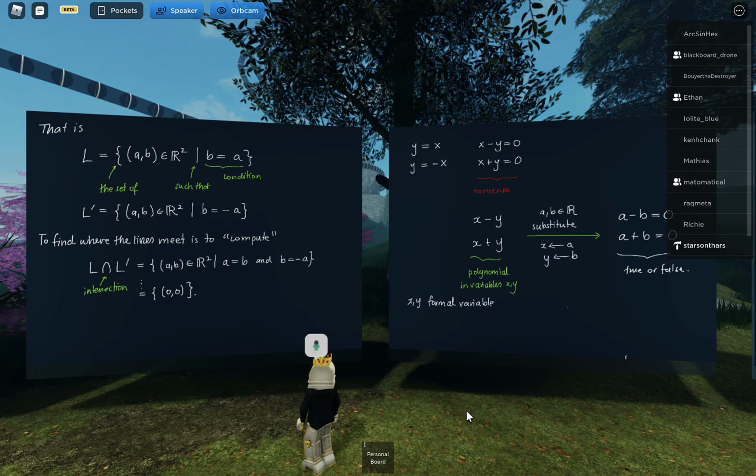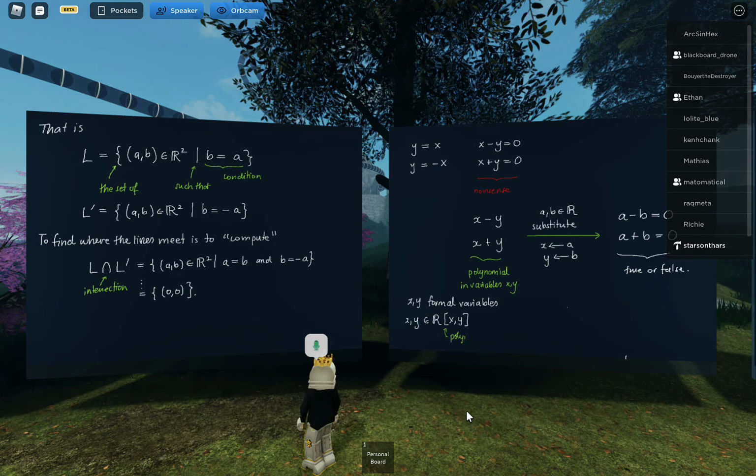The distinction between a and b and x and y, I admit, at this level of discussion is not completely clear. One has to spell out a little bit more logic in order for the content here to be apparent. But maybe the best way to think about it is to say where they live. a and b live in the set of real numbers, whereas x and y live in the set of all polynomials, which we'll discuss later, but that's the notation for that.